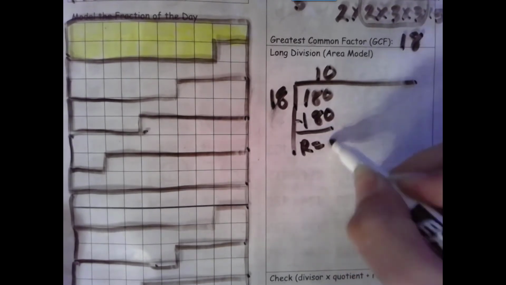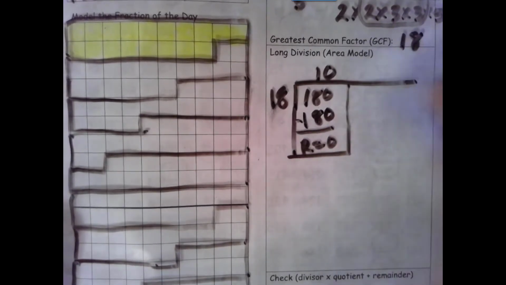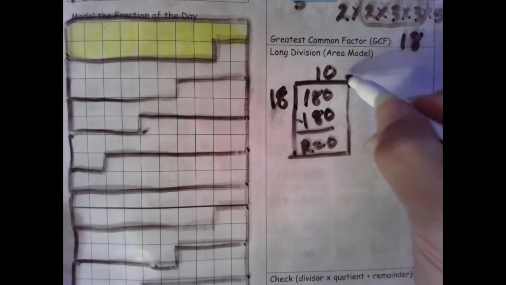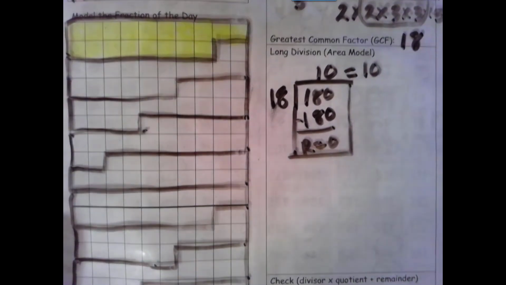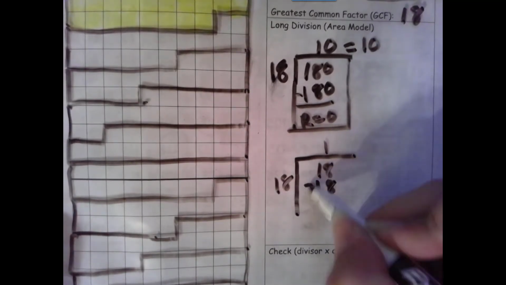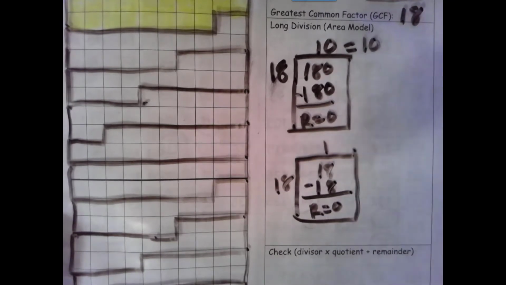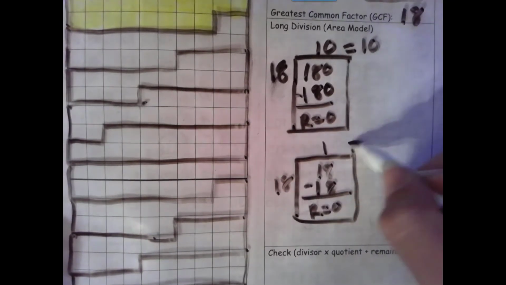Number's the same, zero's the game. Oh, that was easy. So that means my quotient is 10. Okay, and then 18. 1 times 18 is 18. Number's the same. Zero's the game. And that one's done as well.